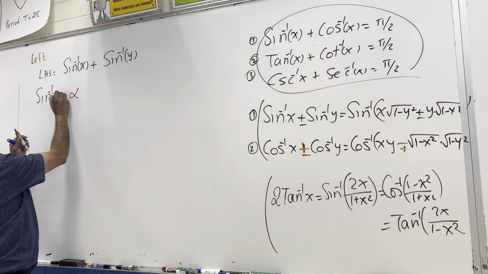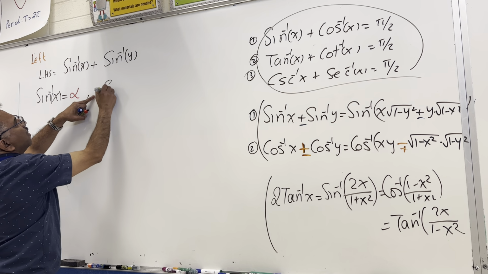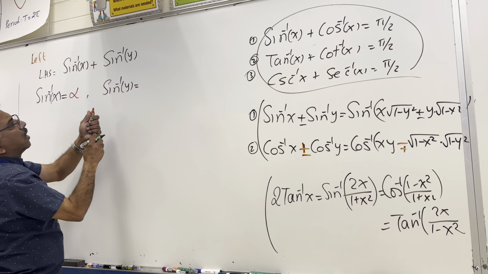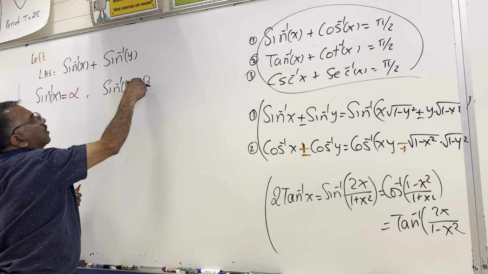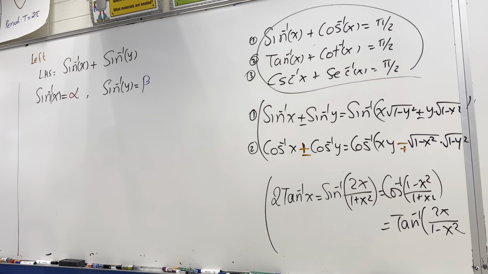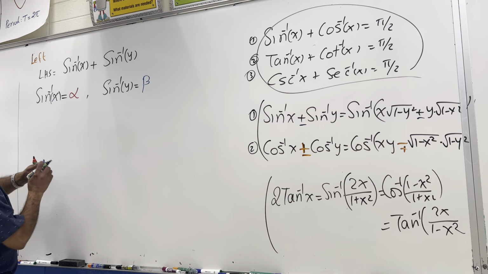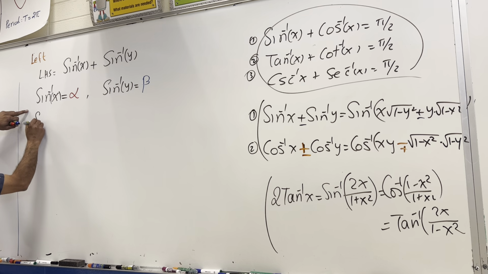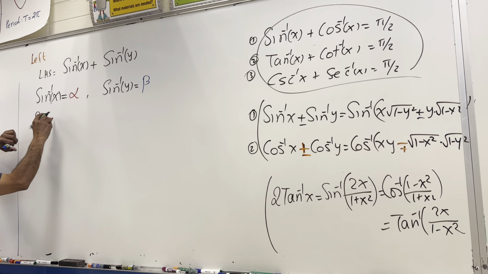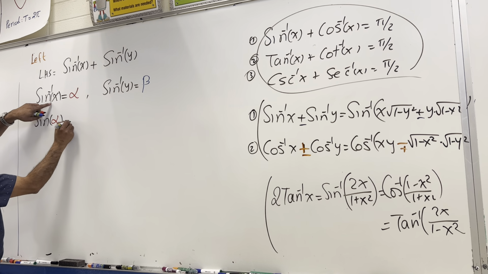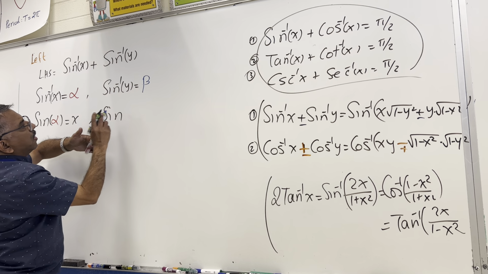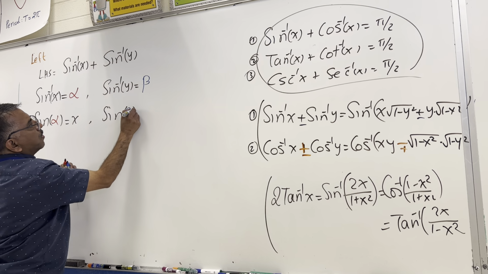So sine inverse of x is alpha. This one, let's call it beta. So Greek letters for angle. So this is alpha by definition of inverse. So sine of alpha is going to be x, and sine of beta is going to be y.